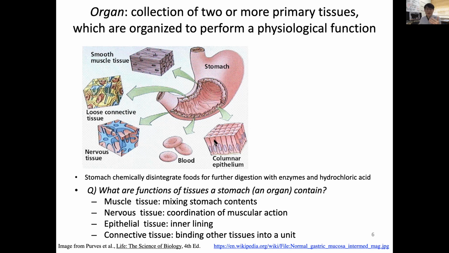So this epithelium makes sure the enzymes don't eat ourselves. They secrete many things to coat the inner side of the stomach. And all this needs to bind these different types of tissue into a unit. That's done by the loose connective tissue.